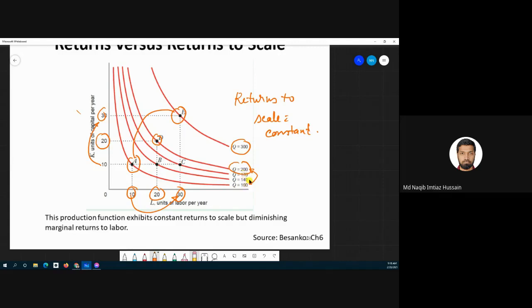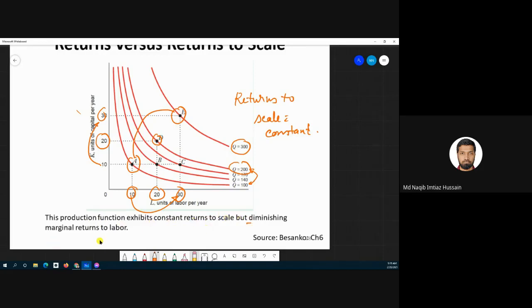So initially it increased by 40 and then it increased by 30. So that means every time you increase one of the inputs, the output increment diminishes. So in this case the production function exhibits a constant return to scale but diminishing marginal returns to labor.